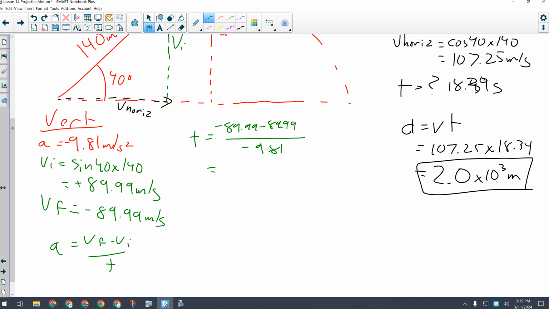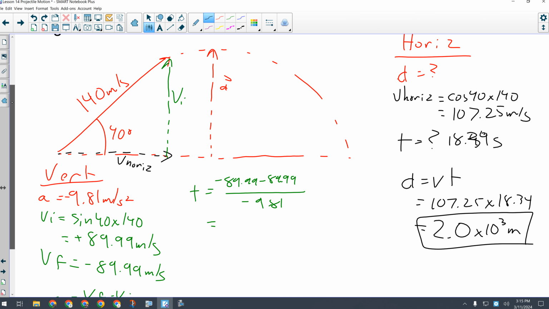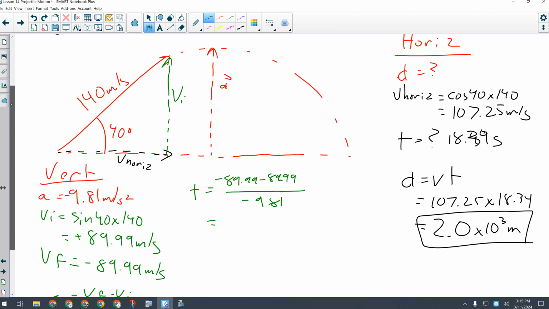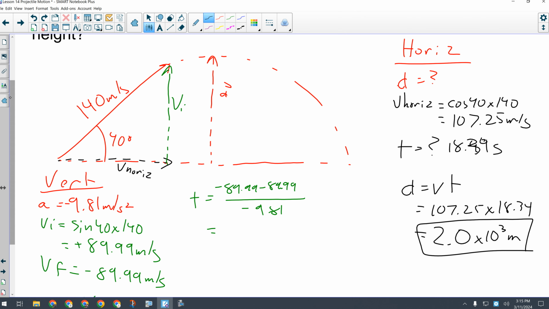The other thing we're supposed to do is calculate the maximum height of the cannonball. What do we need to remember about the maximum height? I either divide the time by 2 or I recognize that VF vertical is 0 meters per second at this point, or I use half of that 18.34 seconds, whichever way you want to do it.